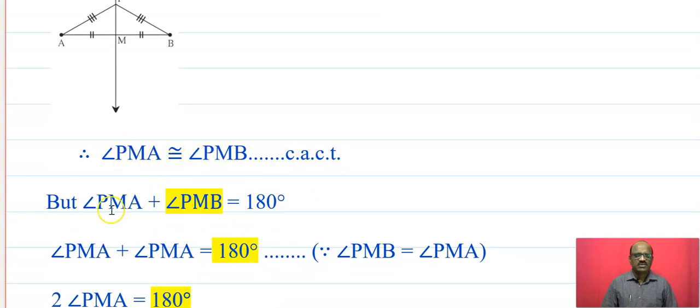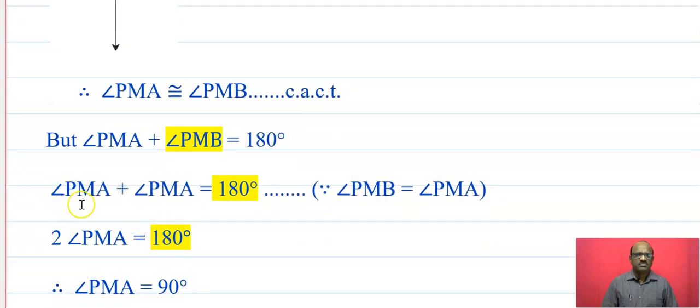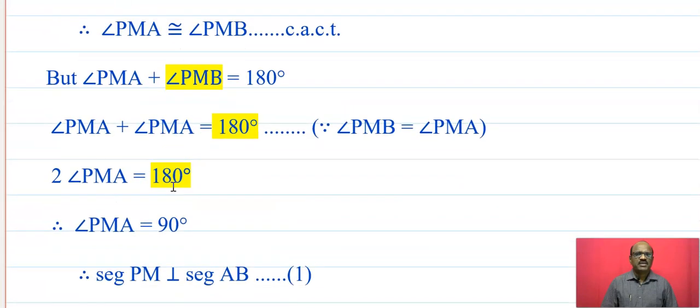These two angles are equal, but these two angles are a linear pair. Their sum is equal to 180. That is, measure of angle PMA plus measure of angle PMB is equal to 180. Therefore, measure of angle PMA plus measure of angle PMA is equal to 180.